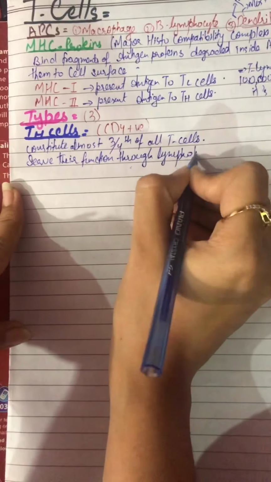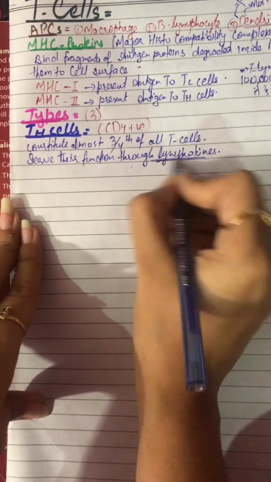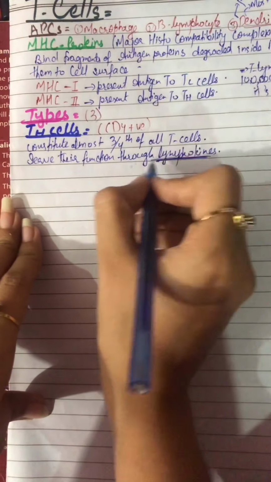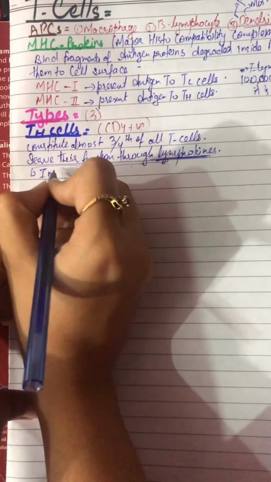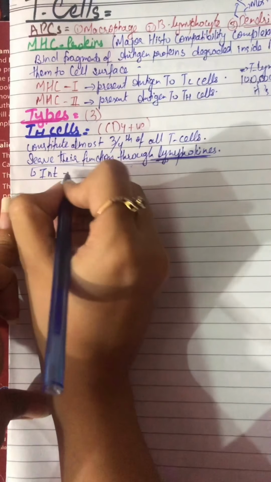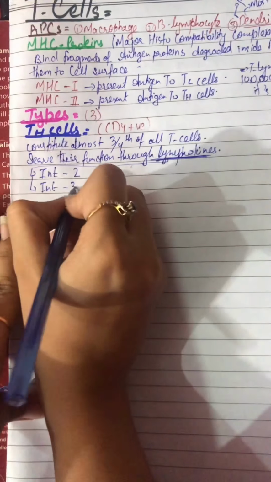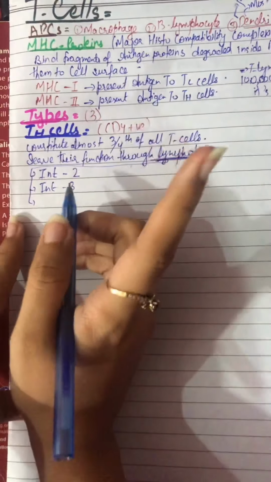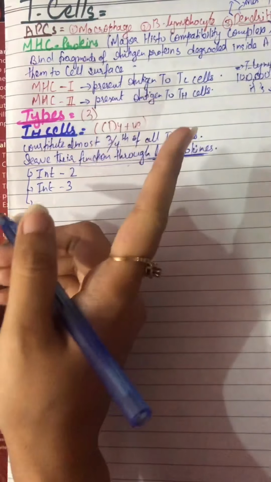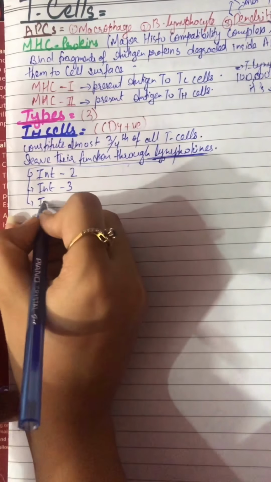There are many types of lymphokines. Some of them are: first one is interleukin 2, interleukin 3. These all are produced by the T cells, but the interleukin 1 is released by the macrophages, as I have discussed in my previous video.